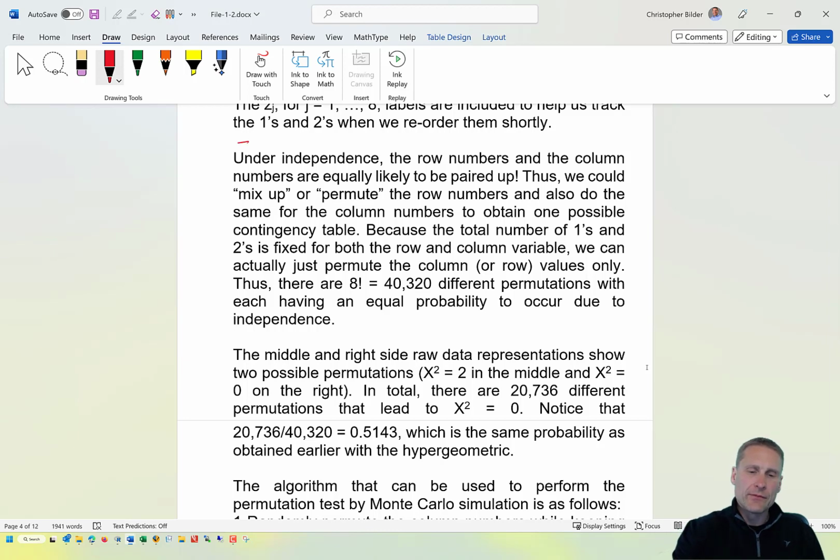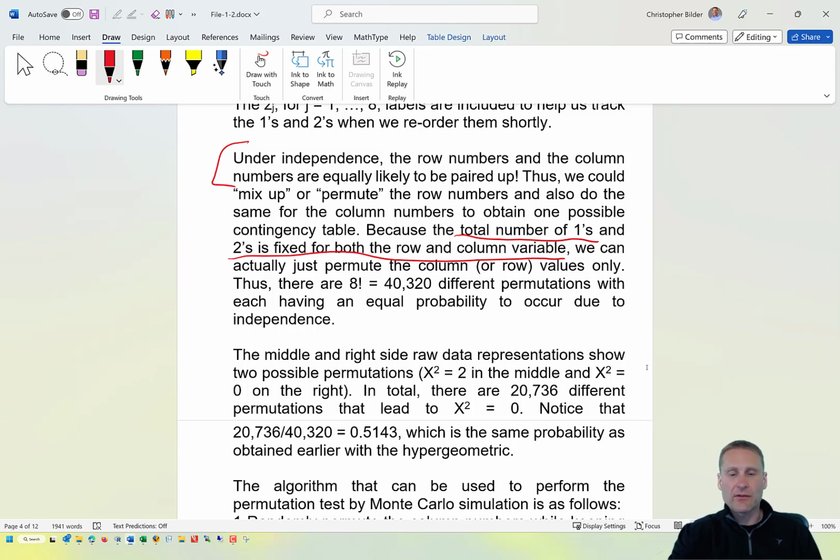Just to emphasize, under independence, the row numbers and the column numbers are equally likely to be paired up. Thus, we can mix up or permute the row numbers and also do the same for the column numbers to obtain one possible contingency table that would be equally likely to occur under independence. Because the total number of 1s and 2s is fixed for both the row and column variable, we can just permute the column variable.